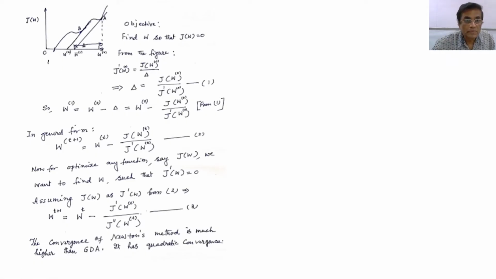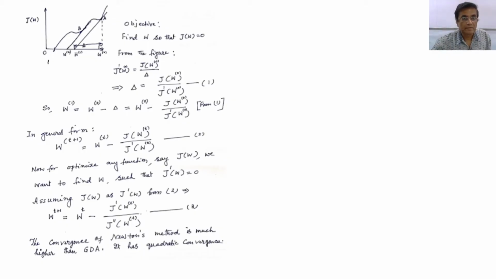Say this distance is delta. By definition, the tangent at this point is the derivative, right? So J prime(W0) equals J(W0) divided by delta, isn't it? What is this? This is nothing but the functional value for W0, that is J(W0).